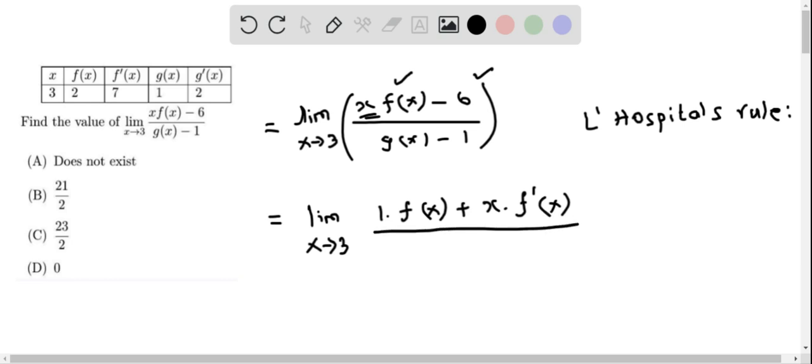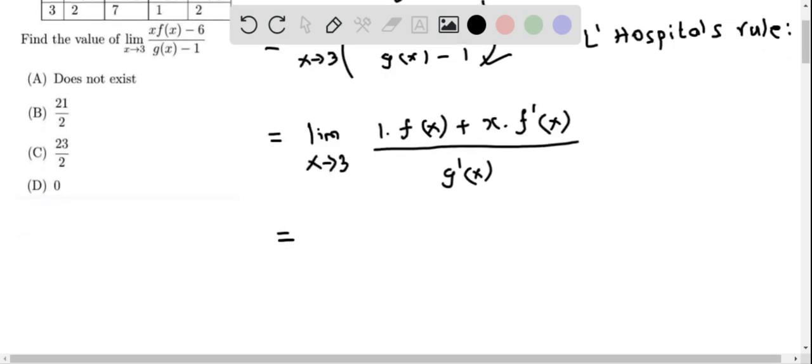And divided by, we will now have to find the derivative of the denominator expression. We have g(x) minus 1. The derivative of g(x) is g prime of x, and negative 1 is a constant, so its derivative becomes 0. Then we will apply the limit now. Once again, we are going to apply the sum rule of the limit as well as the quotient rule.